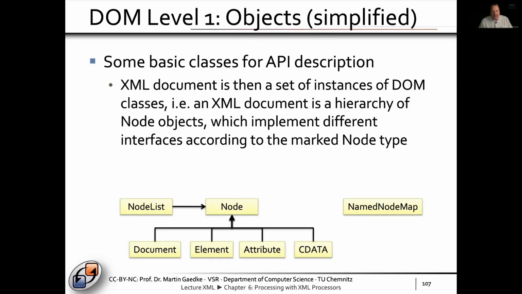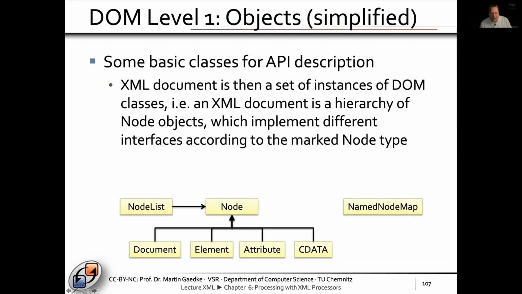To make life as a programmer a little bit easier, we might also have a so-called named node map, where we can use identifier and other aspects to have a way to find from a name the corresponding node element a little bit quicker. And that's it, more or less. So these are the most important objects defined by the DOM level 1 application.